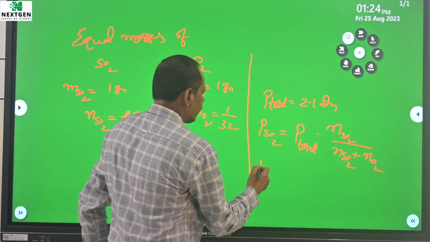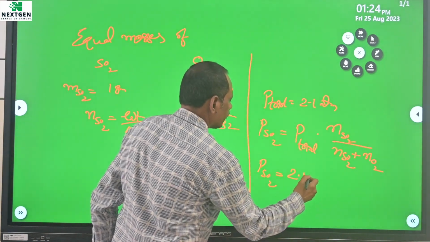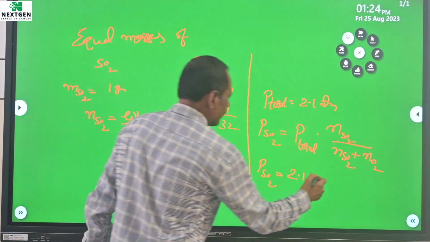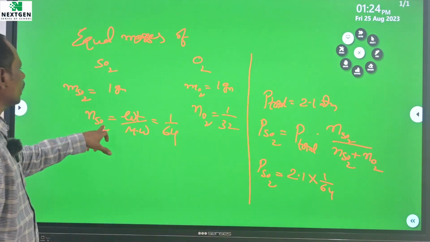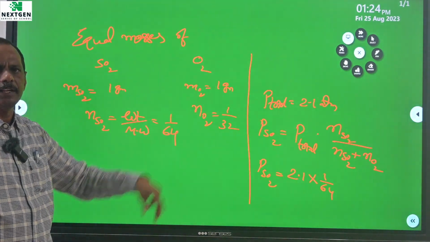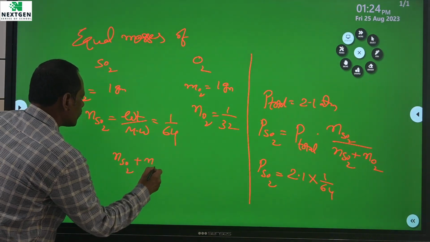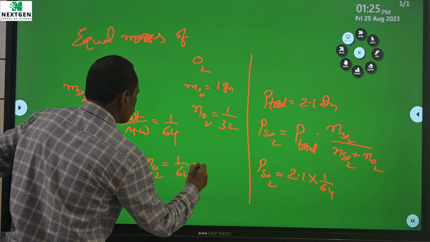Therefore, the partial pressure of sulfur dioxide is equal to the total pressure, given as 2.1, into the number of moles of sulfur dioxide, 1 by 64, by the total mole number of sulfur dioxide and oxygen. The total mole number of sulfur dioxide plus oxygen is equal to 1 by 64 plus 1 by 32.